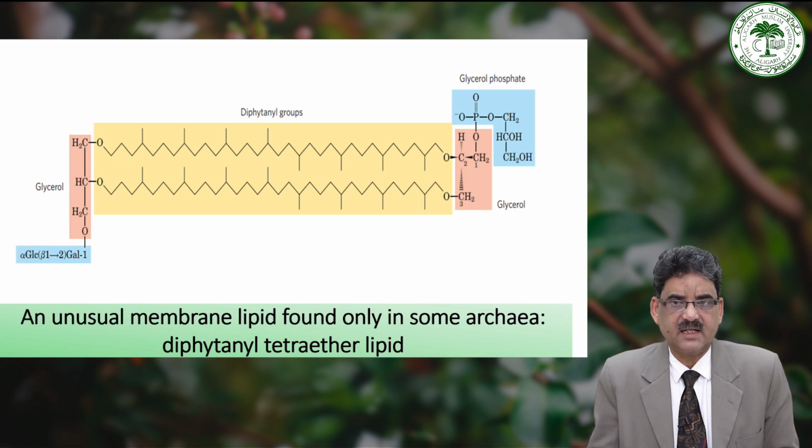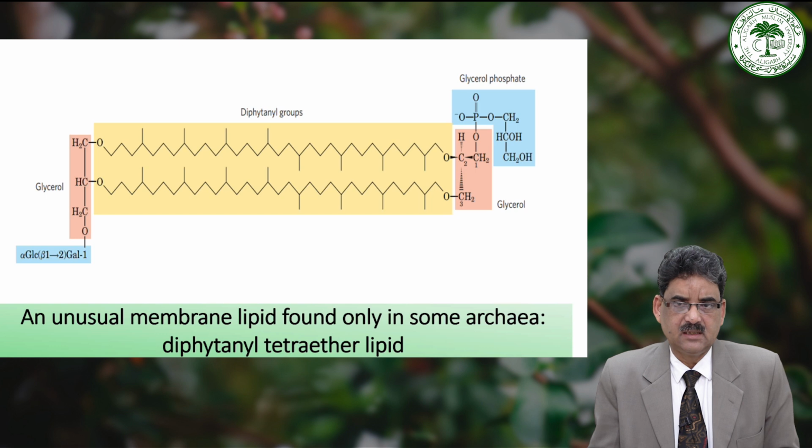This figure illustrates an unusual membrane lipid found only in some of the archaea. In this diphytanyl tetraether lipid, the yellow box shows the diphytanyl moieties, which are long hydrocarbons composed of 8 five-carbon isoprene groups condensed end to end.